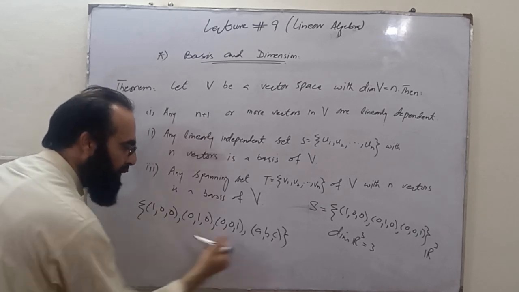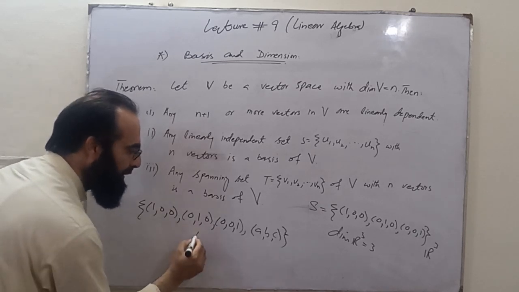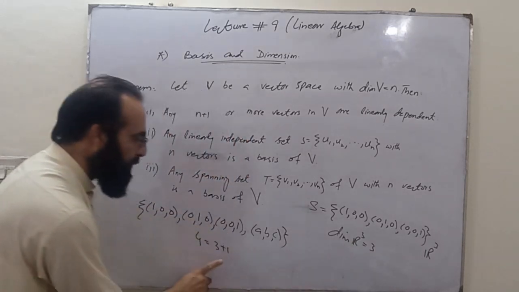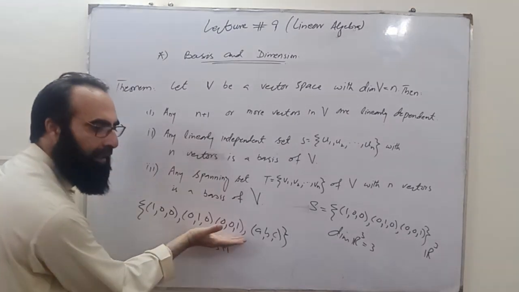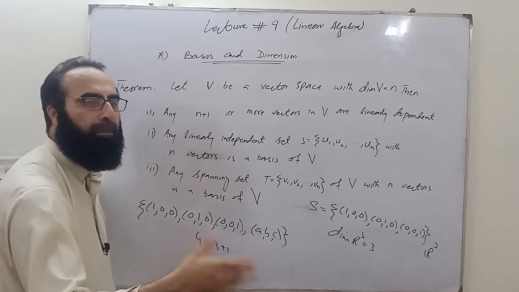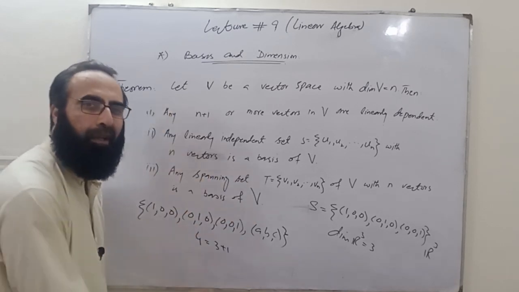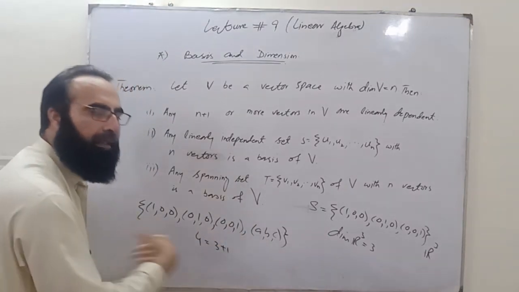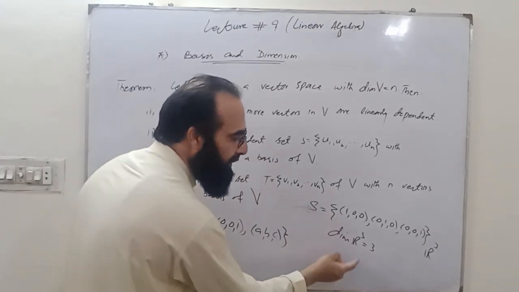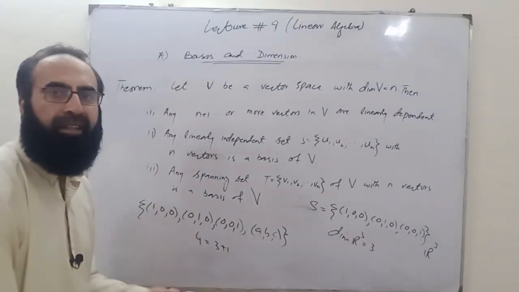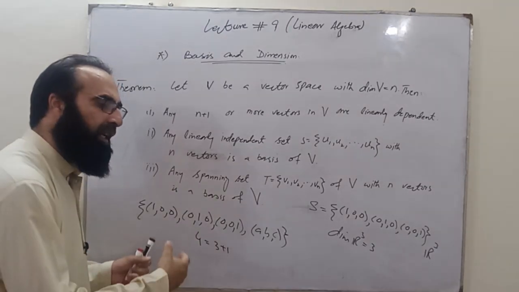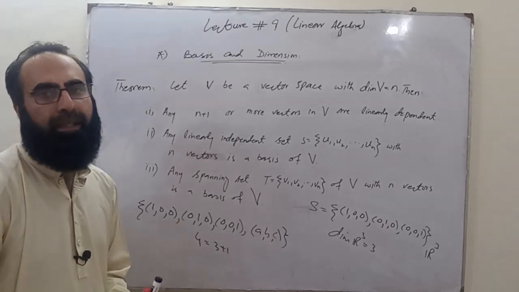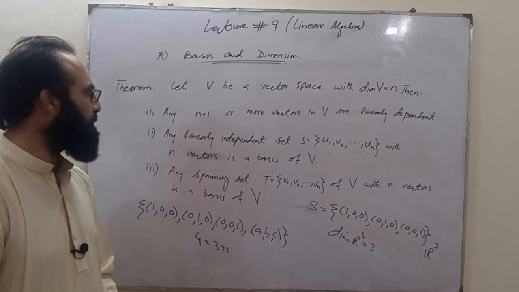Since the number of vectors in this collection is 4, that is 3 plus 1, and the dimension of R cube is 3, so the number of vectors more than 3, that may be 3 plus 1, 3 plus 2, 3 plus 4, and so on. If the number of vectors in a collection is more than 3, then that collection will not be a basis for R cube. So we can generalize this result. If the number of vectors in a collection is greater than the dimension of a vector space, then such a collection cannot be a basis for a vector space.